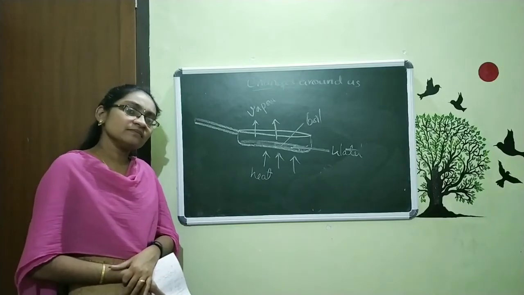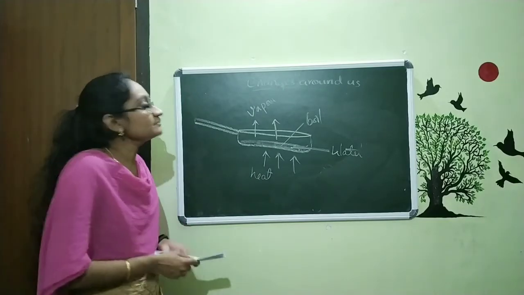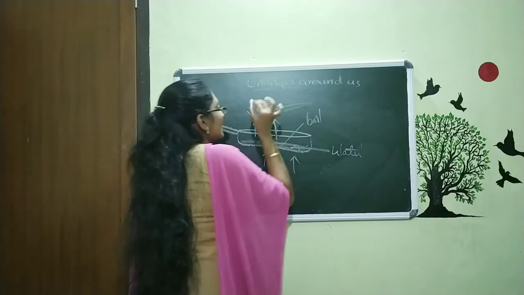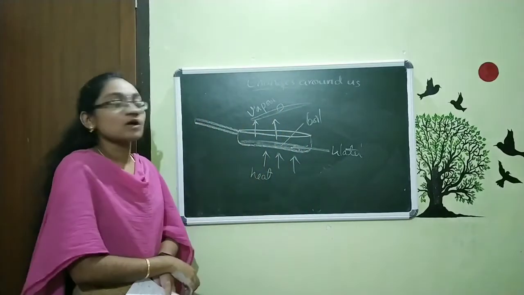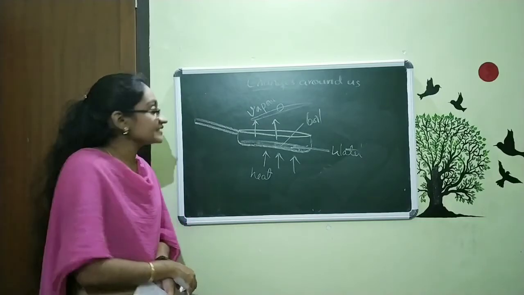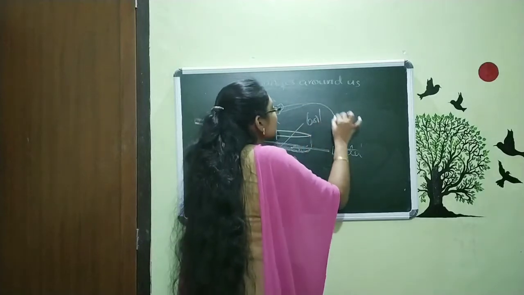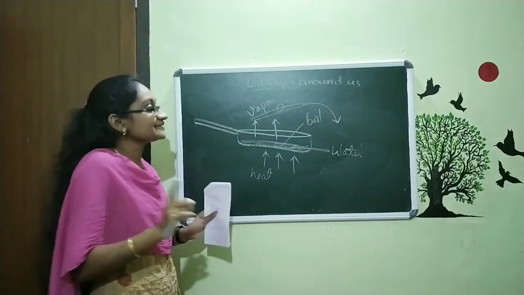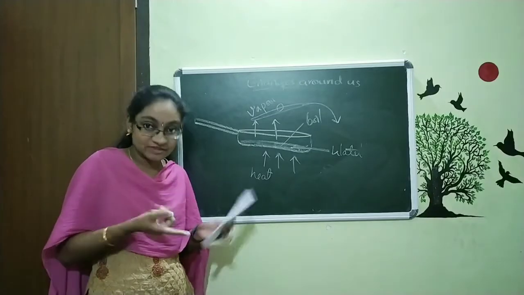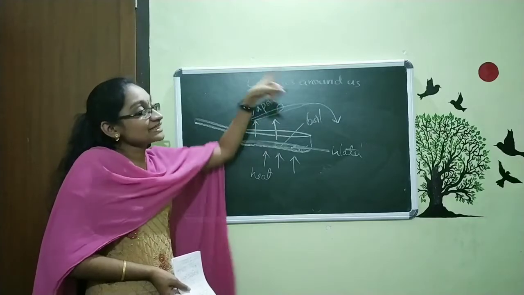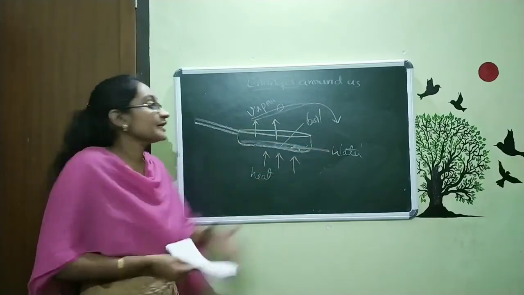Is it reversible? So I am just taking a lid and collecting these vapors on this lid. And now what happens? I can convert this vapor to water after cooling. We already studied that in the chapter on separation of substances, that these vapors can be converted to water again after cooling.